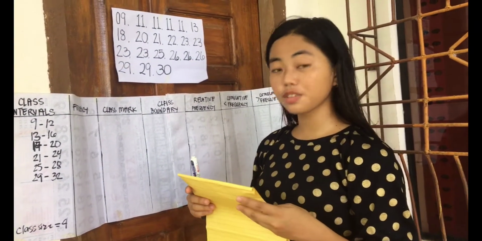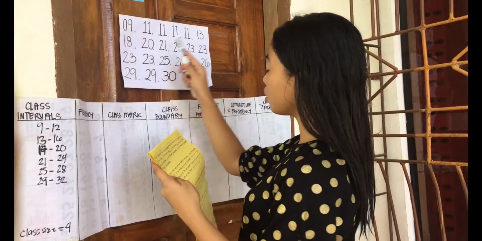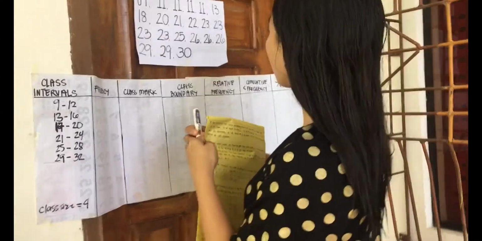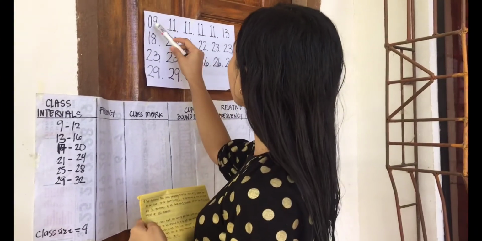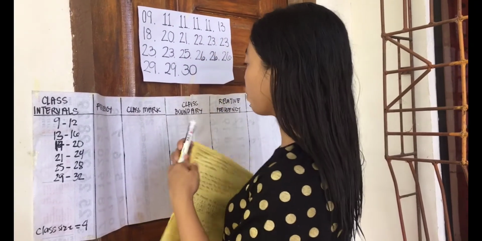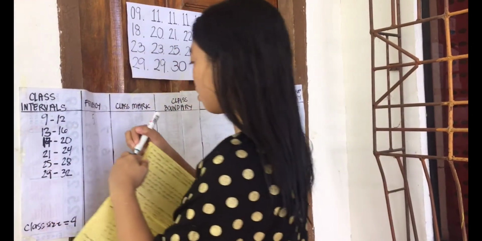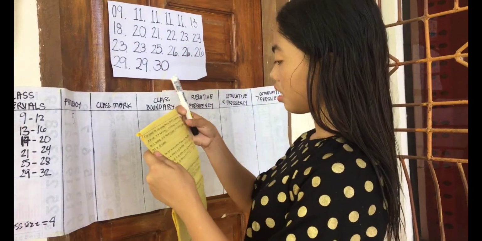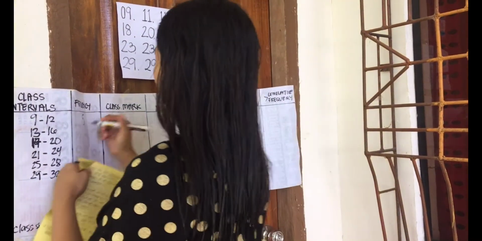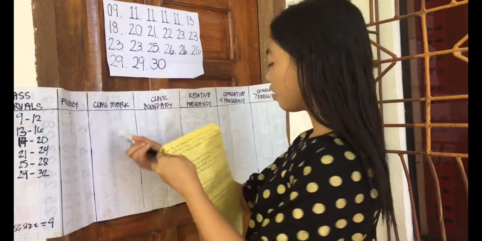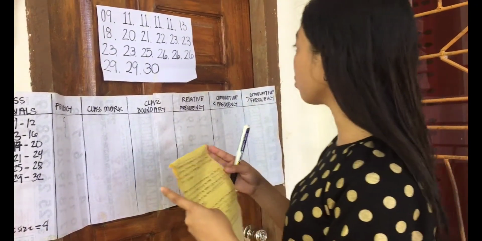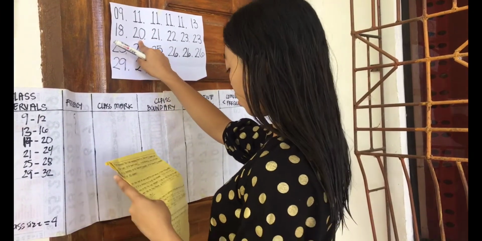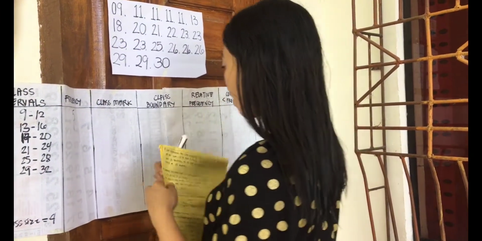Then determine the class frequency. From 9 to 12, the students who got scores of 9 to 12 are 1, 2, 3, 4, 5. So we have 5 students. For 13 to 16, we have only 1. For 17 to 20, there are 2.